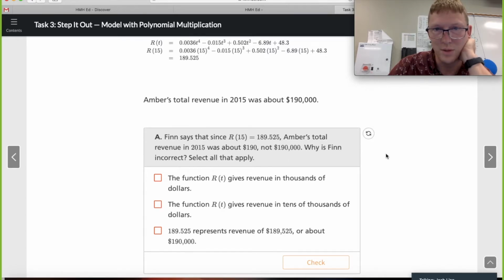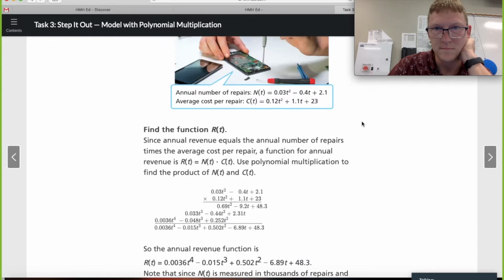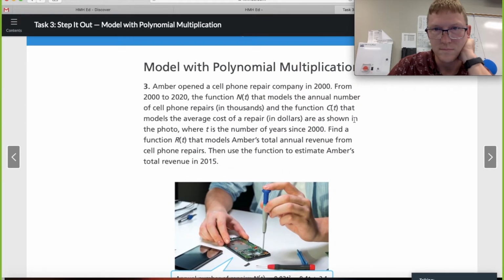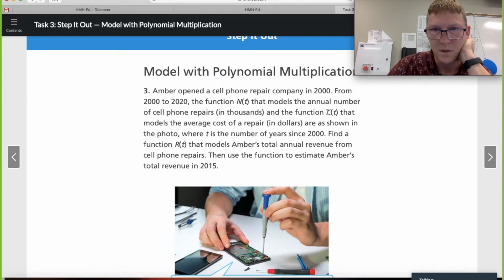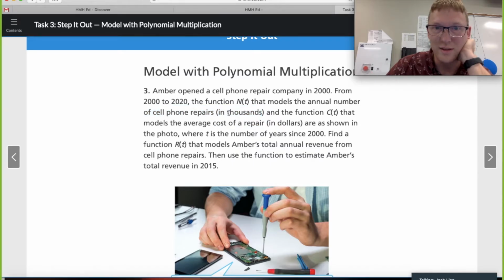Select all that apply. I thought the average cost was in dollars. Oh, here it is. The cell phone repair function, the N of t function, is in thousands.